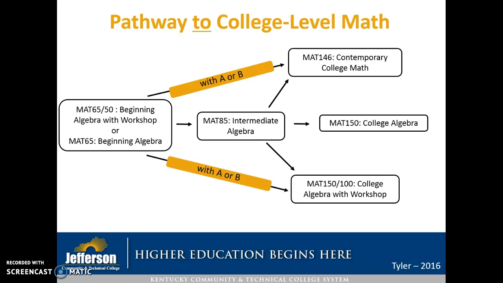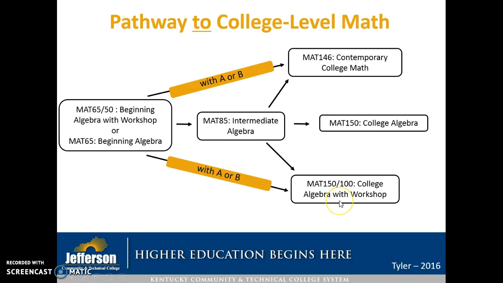Either one of the 6-5 classes allow you to skip Math 8-5 if you make an A or a B and move to either our contemporary math, the quantitative reasoning, which is 146, or you may go to a special 150, which is a 150 with a 100 workshop.